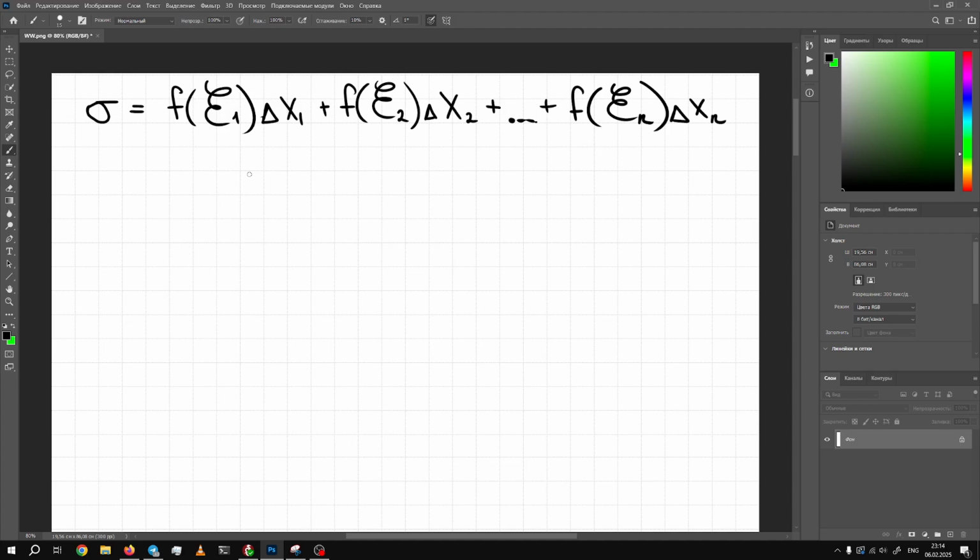So we also can write it like this, like the sum from i equals 1 until n of f of ei multiplied by delta xi.